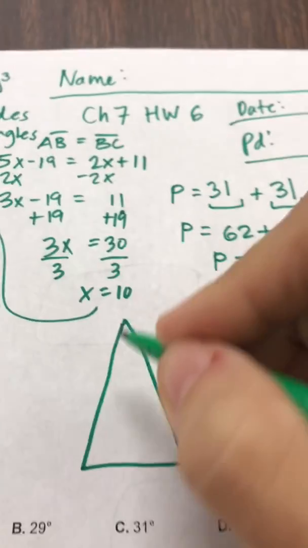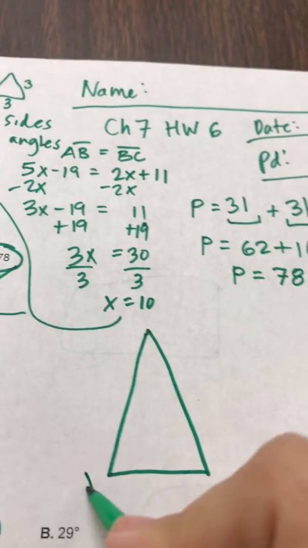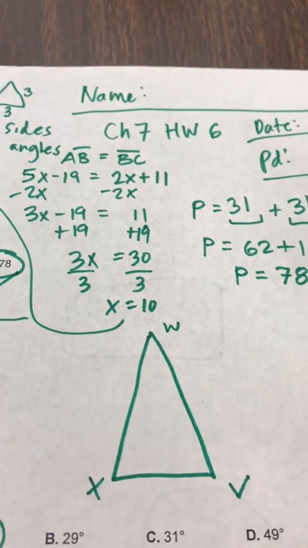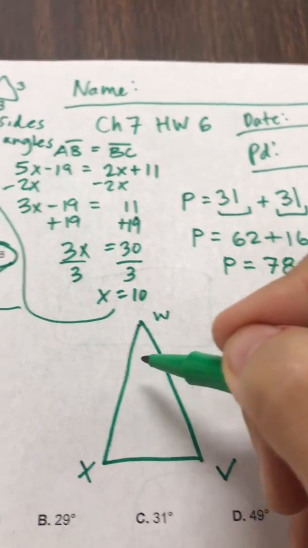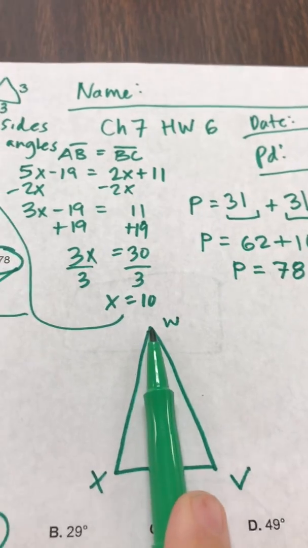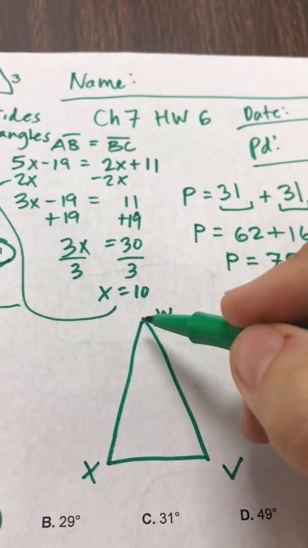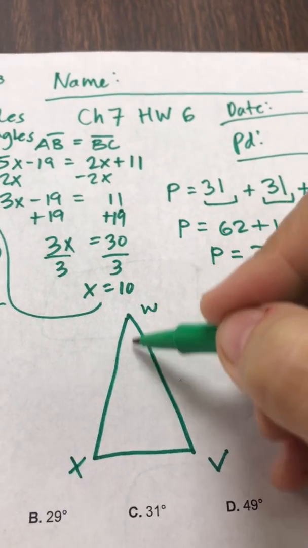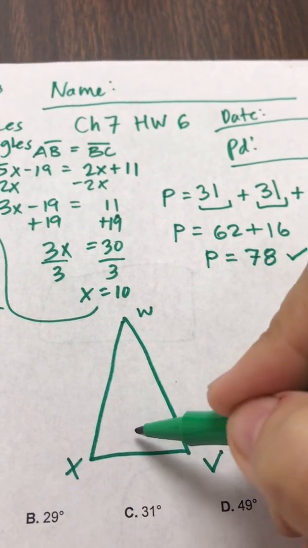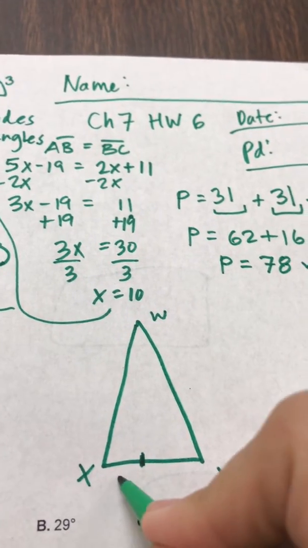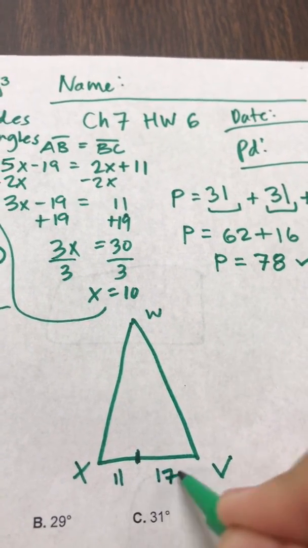So they've said here that the triangle XV, and the one on top here is W, they've taken a line and it looks like, and I can kind of tell logically, they didn't go straight down like an altitude and make a 90-degree angle. I know they didn't because one side is 11 and one side is 17.